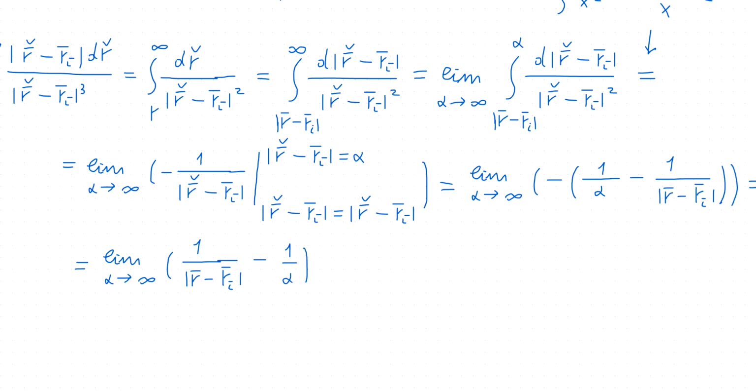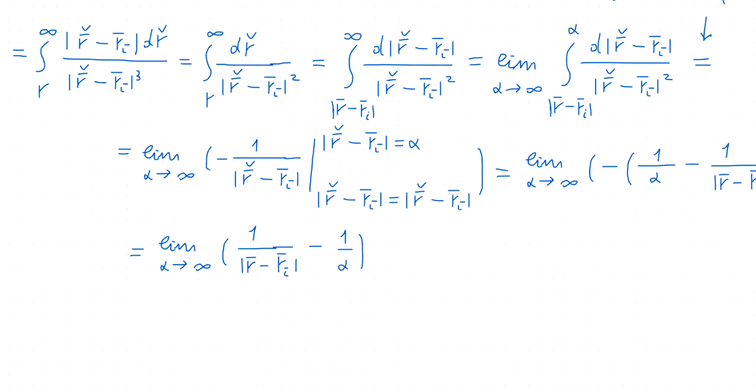And of course, if alpha tends to infinity, 1 divided by alpha tends to 0. And so we have obtained that it is equal to 1 divided by absolute value of r minus ri.